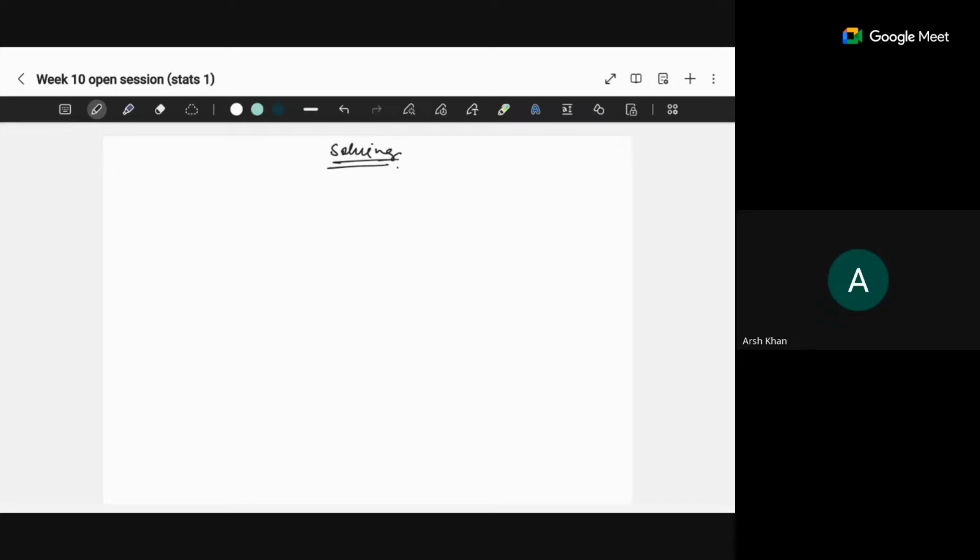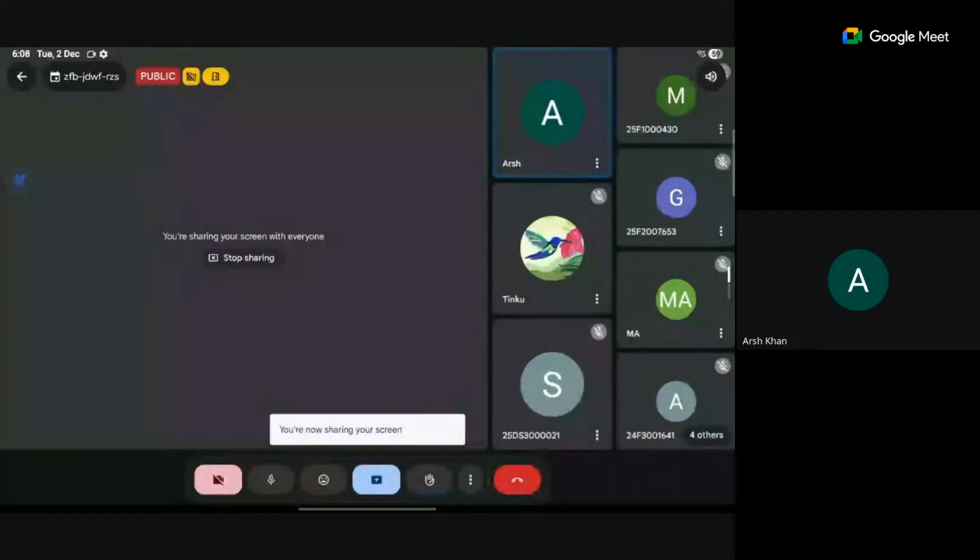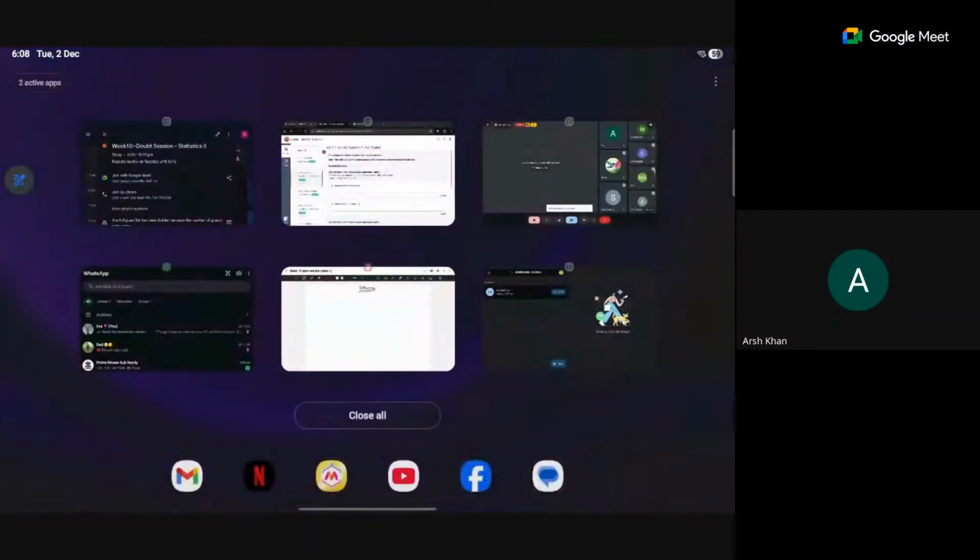Okay, so let's start with 10.1. I will be sharing the screen. Is the screen visible? Yes.